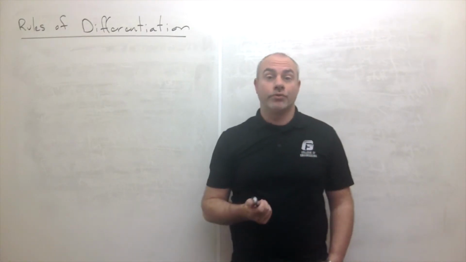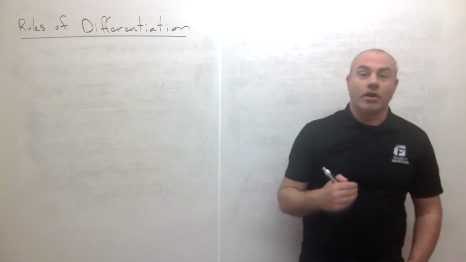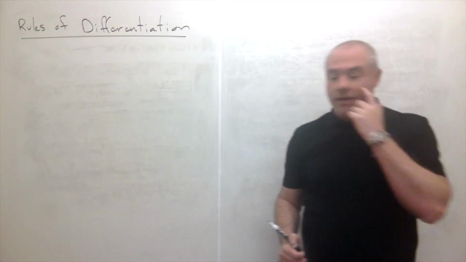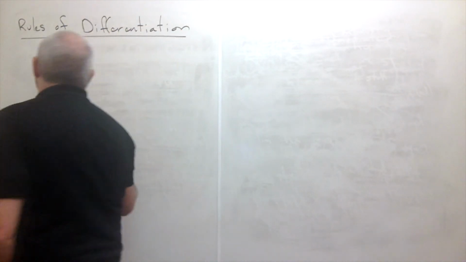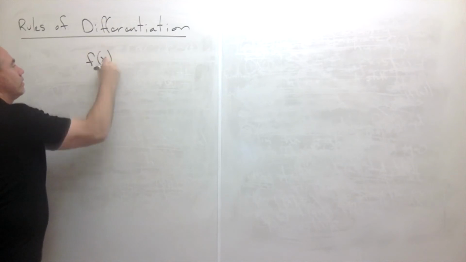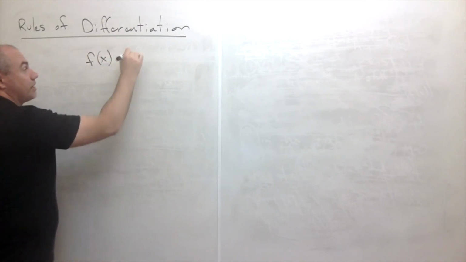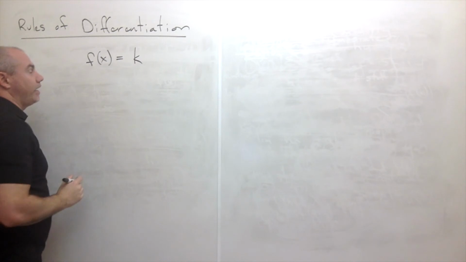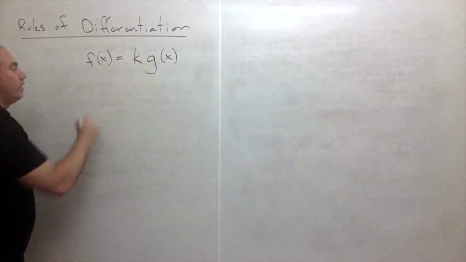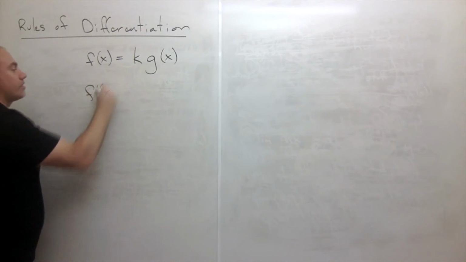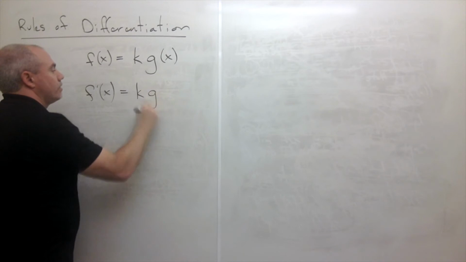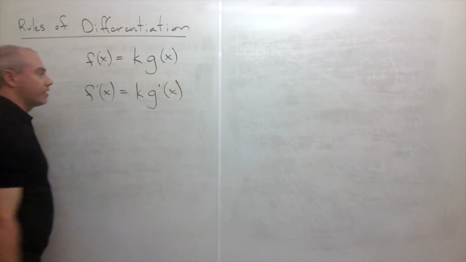Two more important rules of differentiation are the sum rule and the constant multiple rule. Let's start with the constant multiple rule, and that is that if f of x is equal to some constant, let's call it k, times a function g of x, then f prime of x, the derivative, is equal to k times g prime of x.